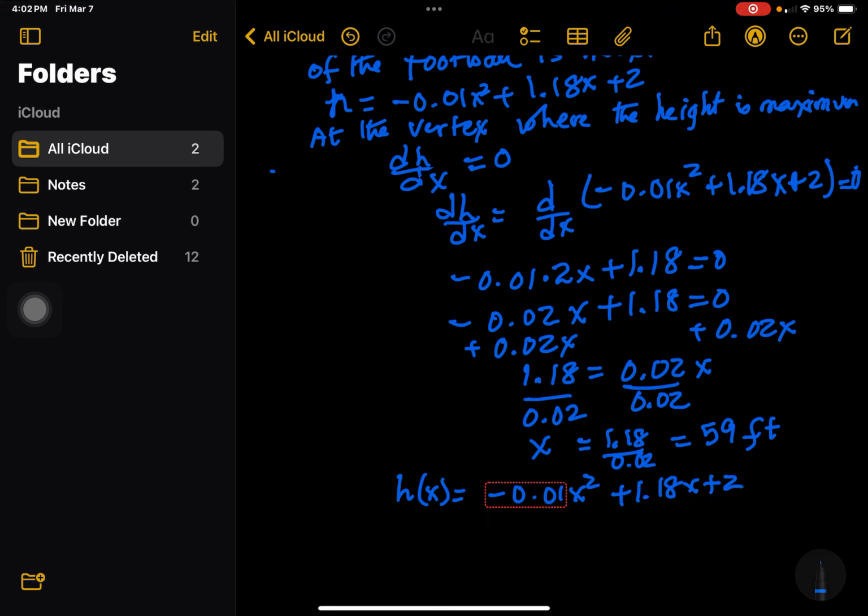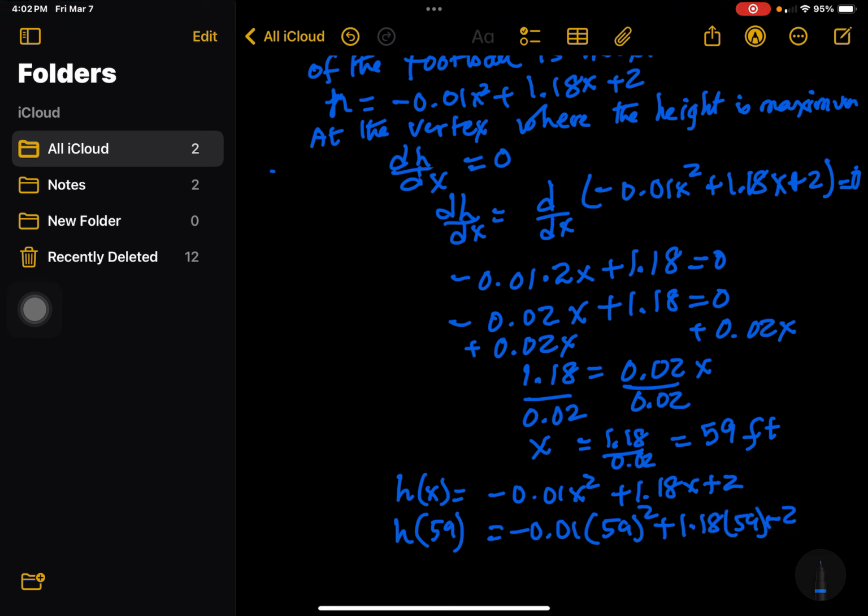So we plug in h of 59 as equal to minus 0.01 times 59 square plus 1.18 times 59 plus 2.